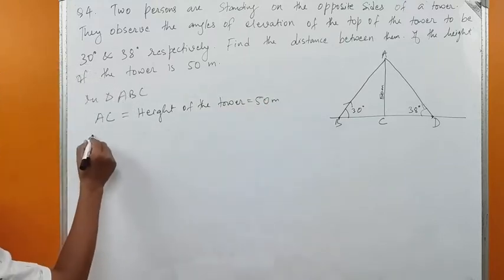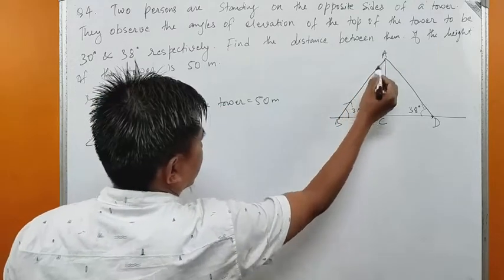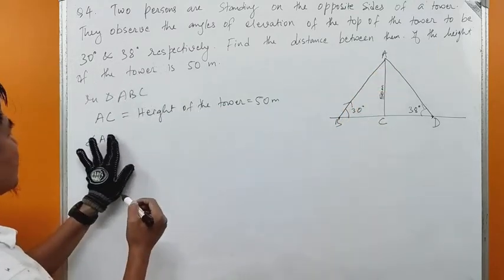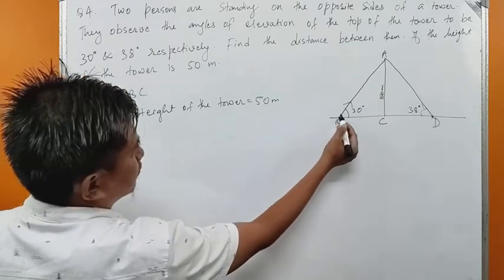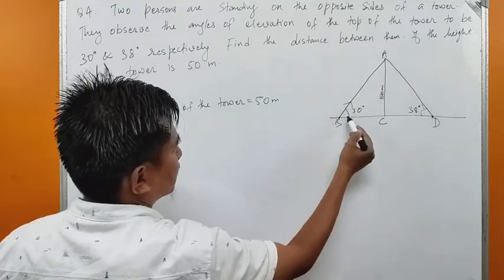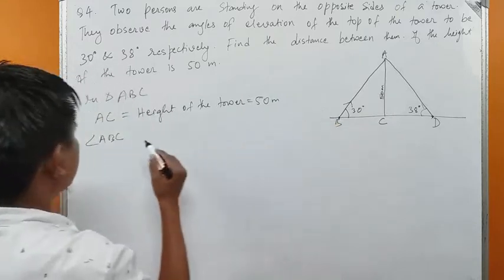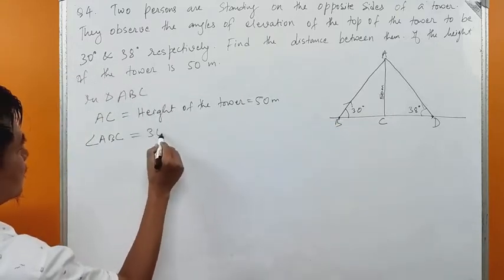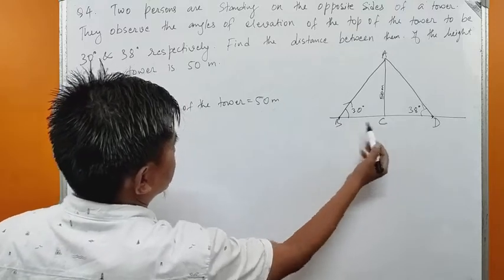And angle ABC, angle B should come in the middle, is 30 degree, so we will find BC.